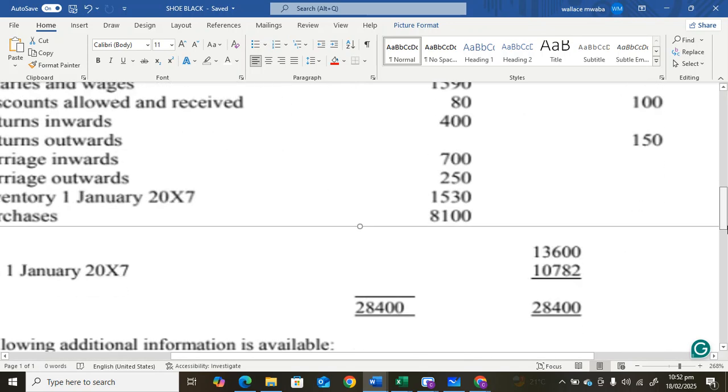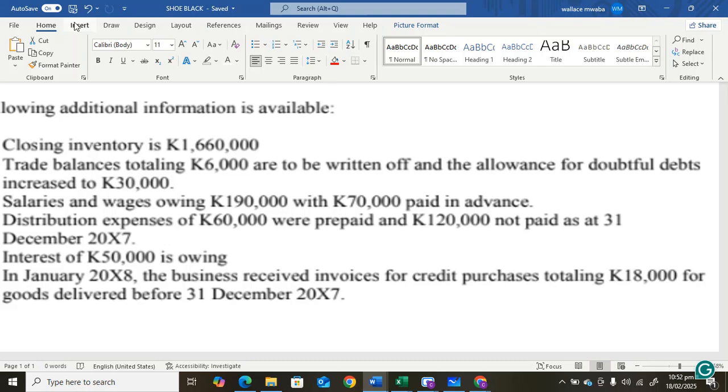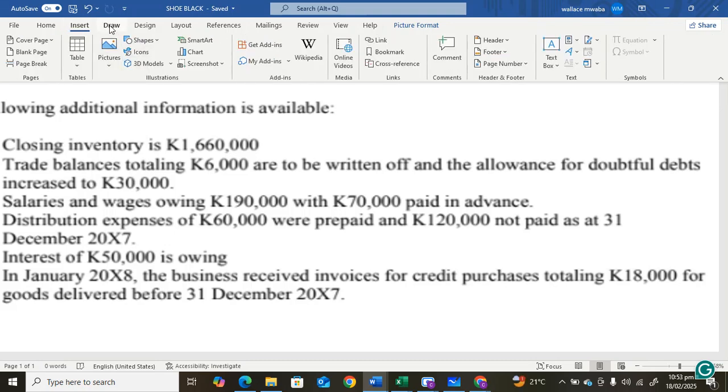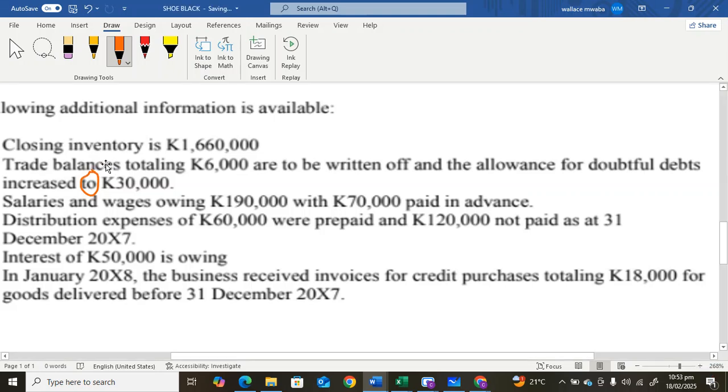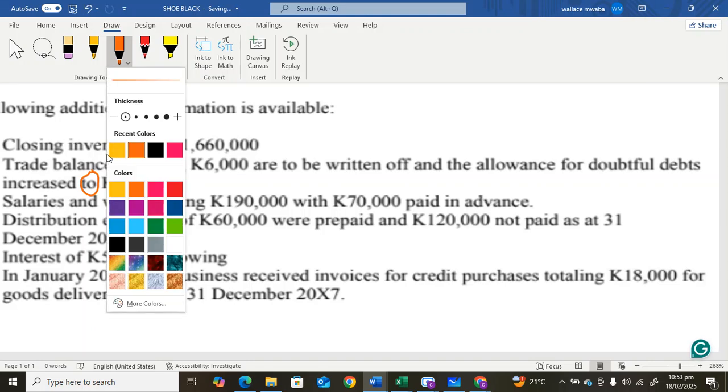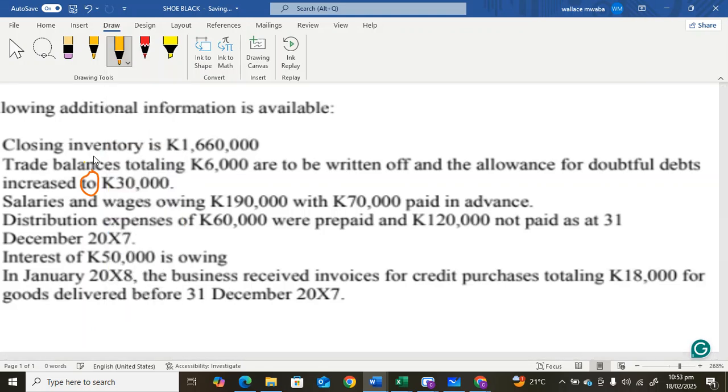So as I said, there was a typing error here. It should have been increased by 30,000, not to, but by. And when you take it this way, everything balances. It was basically just a typing error by whoever was typing.